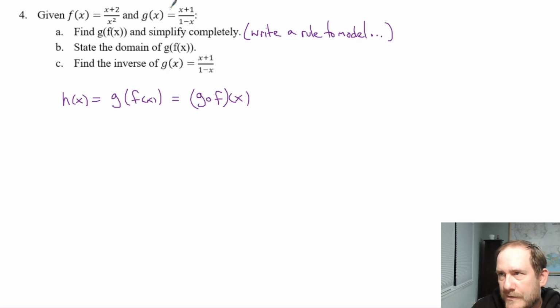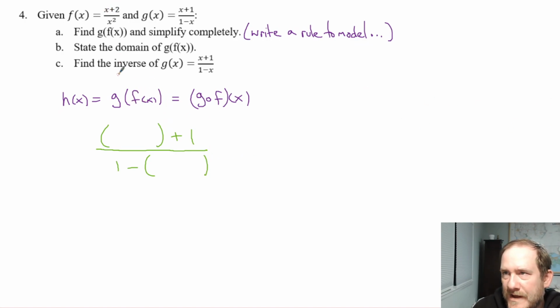So I typically start with the outer function and I go, okay, all the x's just become empty spaces. And into those empty spaces, we're plugging the inner function, which is f, so x plus 2 over x squared.